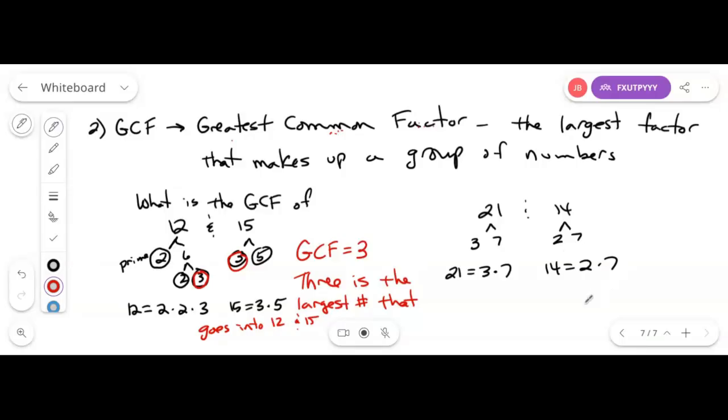The greatest common factor is 7. And again, when we do this, it's called the prime factorization.